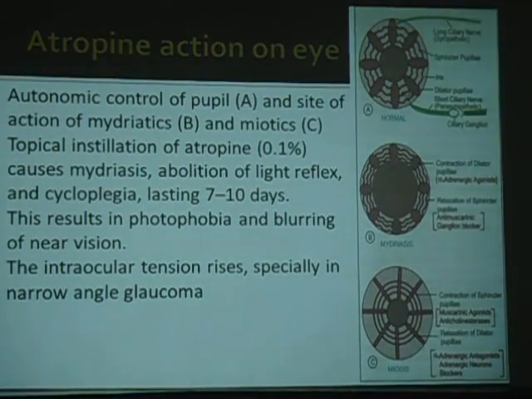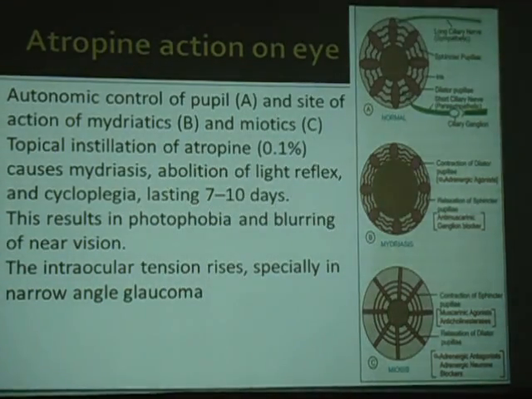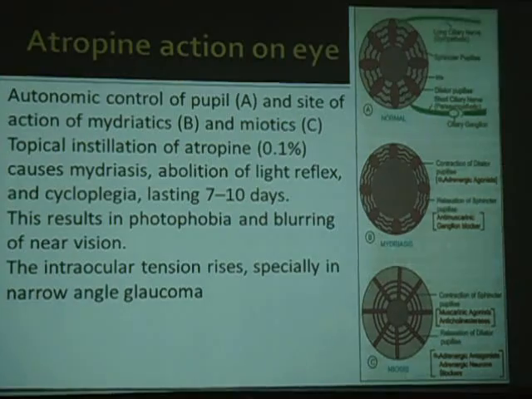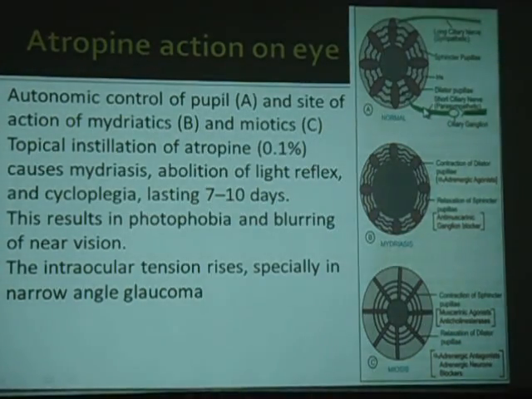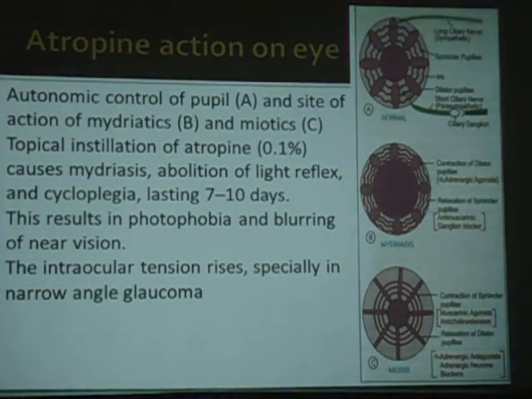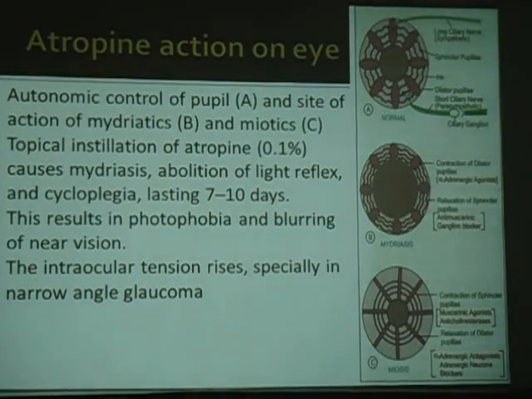So atropine action on the eye. What did we learn about the cholinergic system? 3 C's: constrictor pupillae muscle, cholinergic nerves. They act on the circularly placed muscles and bring about constriction of the pupil. So here you can see the constriction of the pupil can be by direct action of the cholinergic system or indirect action of the adrenergic system. Indirect action of the adrenergic system is by an anti-adrenergic effect.